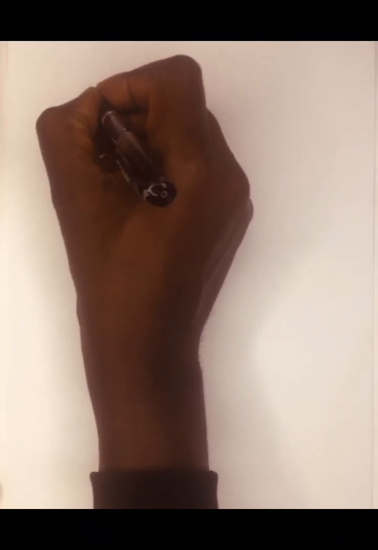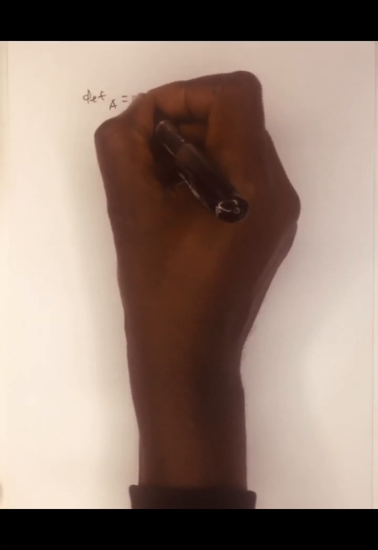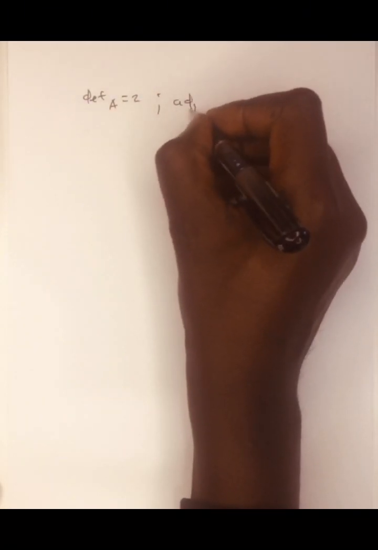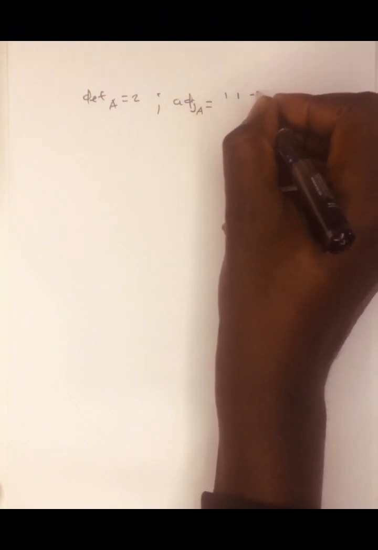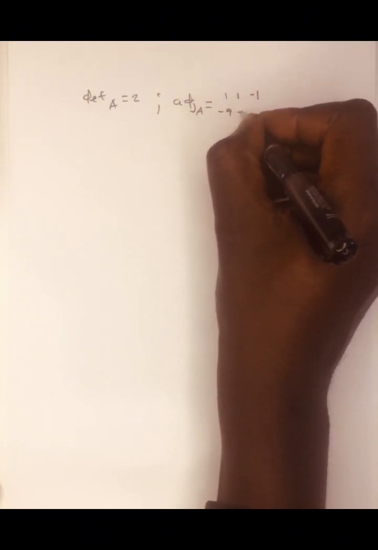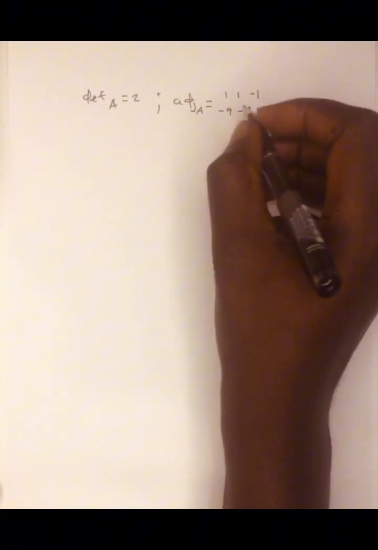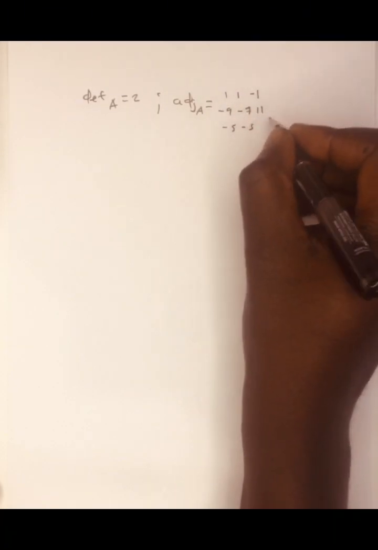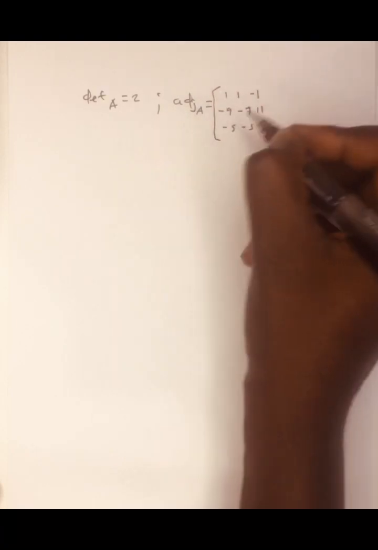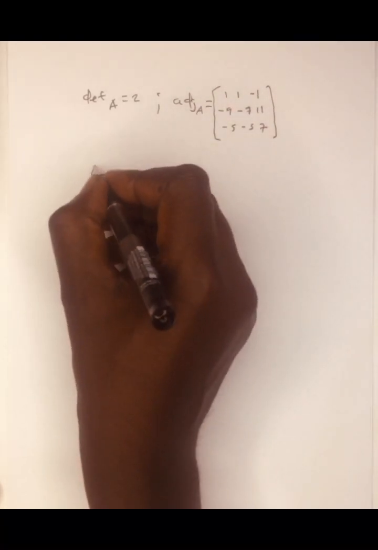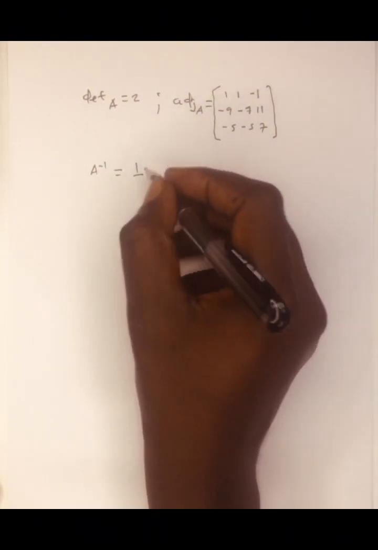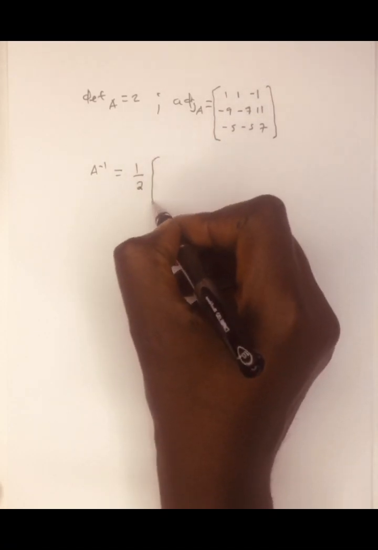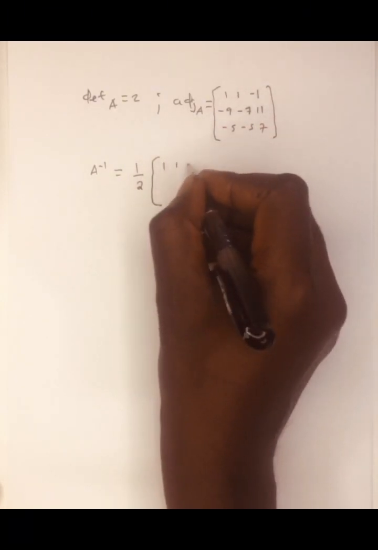And now that we have the determinant of A, which is 2, and the adjoint of A, we can now obtain the inverse of A. Yes, 1 over the determinant of A, and the determinant of A is 2. Then we are going to multiply that by the adjoint.